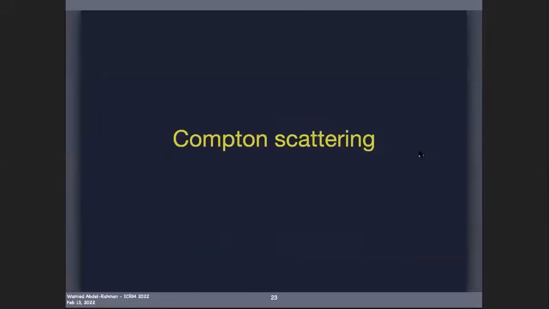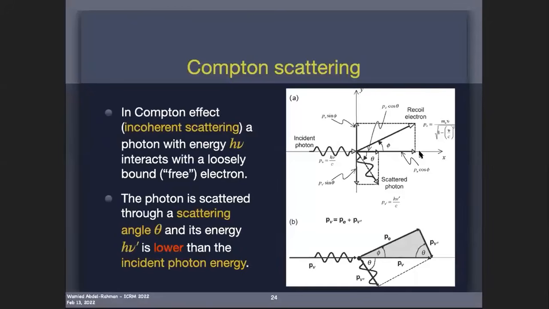Compton scattering is probably the most important interaction for us in radiotherapy. For practical reasons, one can assume that this electron is not bound to the atom, and the electron is stationary. The photon is scattered at an angle theta, and the scattered photon will have an energy lower than the incident photon energy.